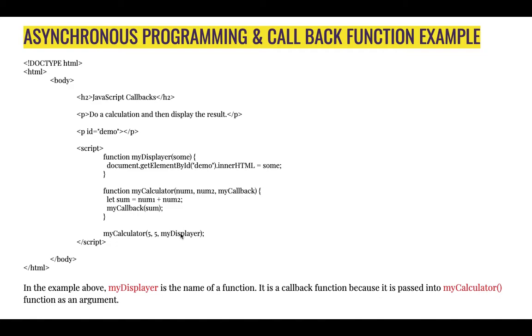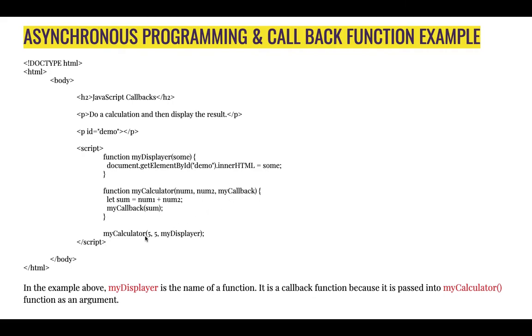Okay, this is myCalculator. We created a function here and then we called it in this line. myCalculator is expecting three parameters. The first is a number, the second is a number, and the third is a callback function.